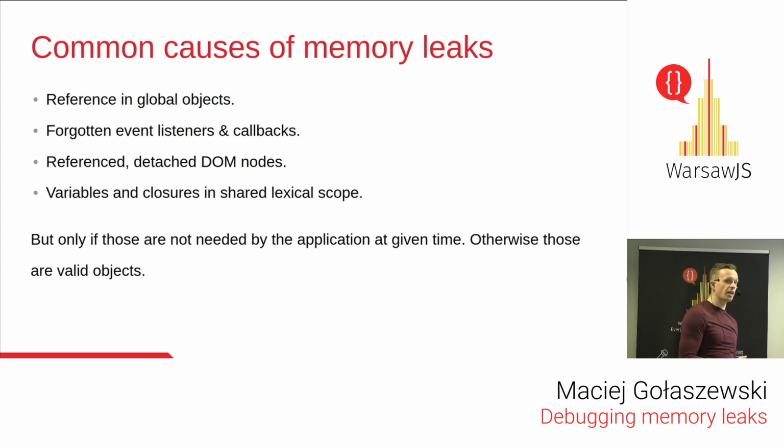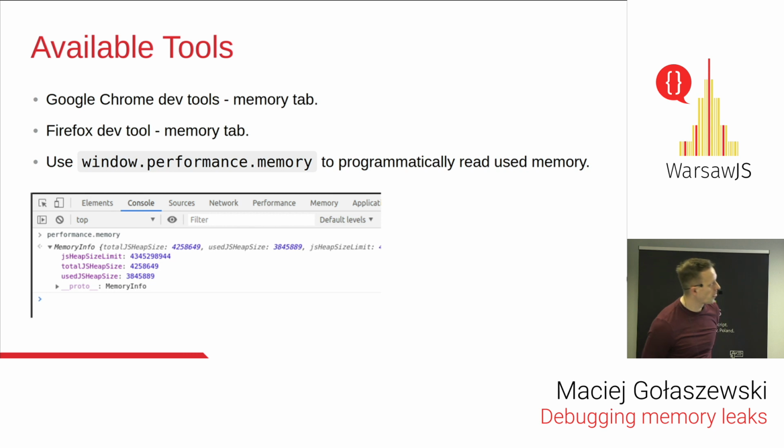Also a referenced but detached DOM node: if you created a DOM node and then removed it from the DOM, but you still have a reference to it, it will occupy the memory. And also all the variables that are not needed but are shared by the lexical scope of closures. We'll talk about this later. So all the objects that are not needed but are still referenced are your memory leaks.